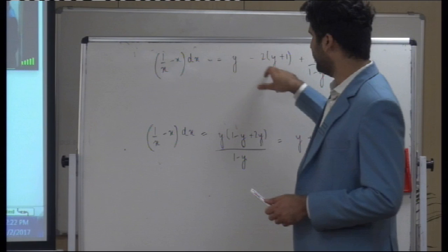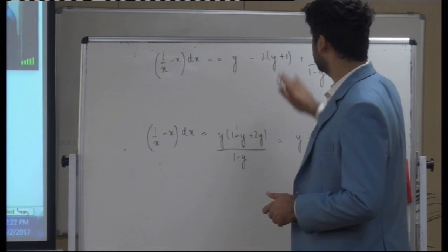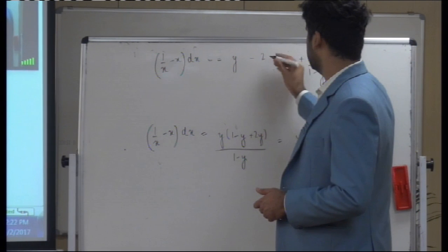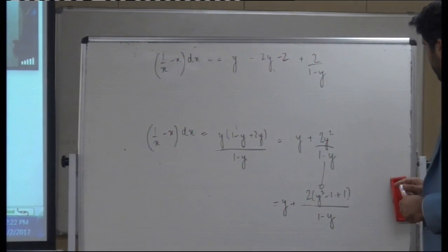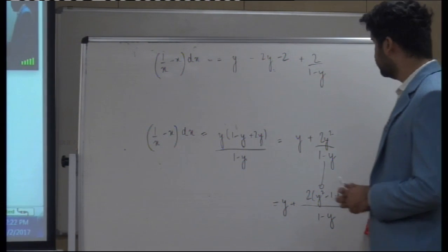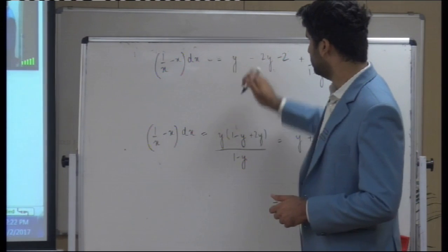So we have y and 2y over here. We can simplify this also. This was minus 2y minus 2, right? I can write it as minus y, because y minus 2y will be minus y.